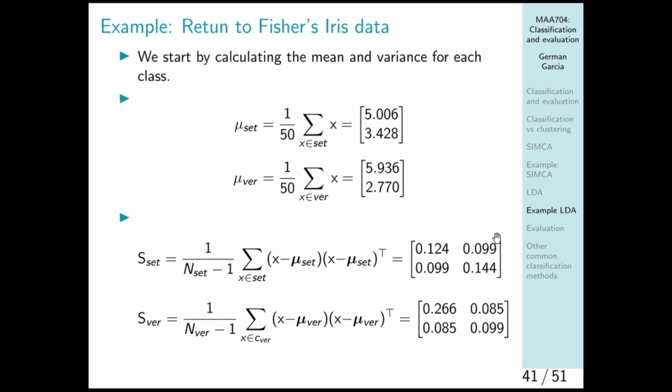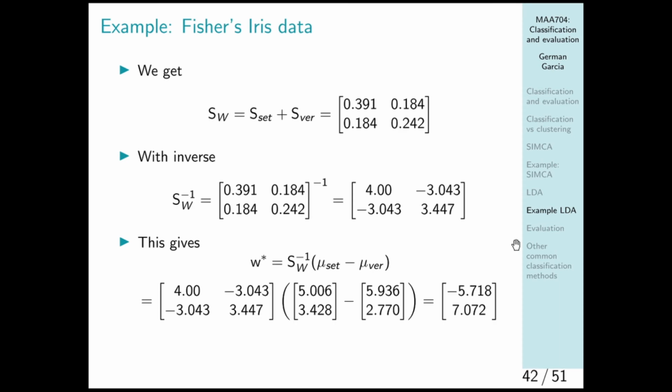So we start by calculating mean and variance for each class. Mean for setosa, mean for versicolor, and covariance matrices. Variance matrices. And so next step we calculate SW, it's this matrix over here. Calculate its inverse, of course.